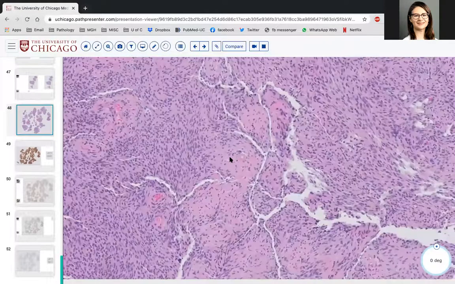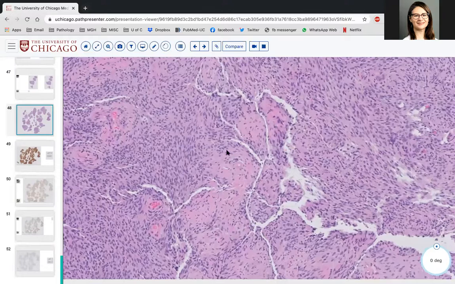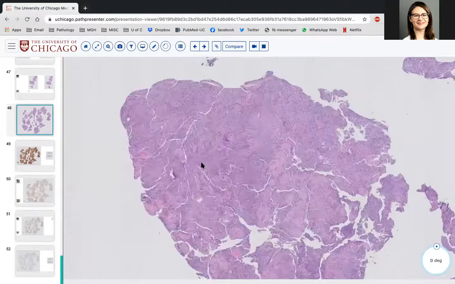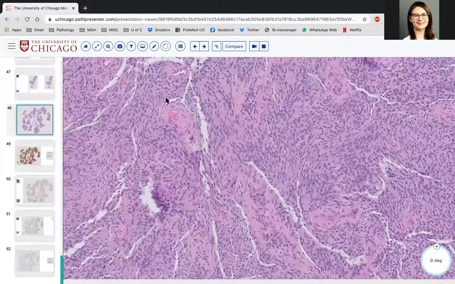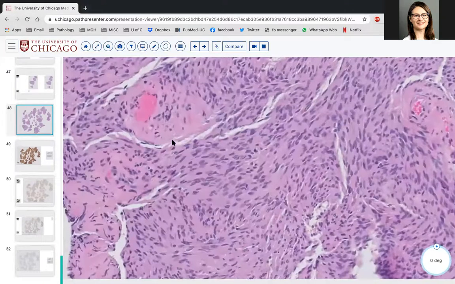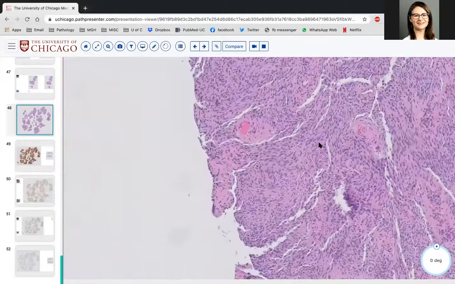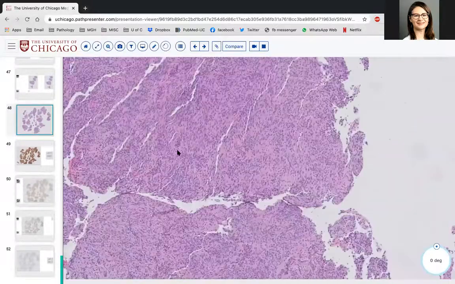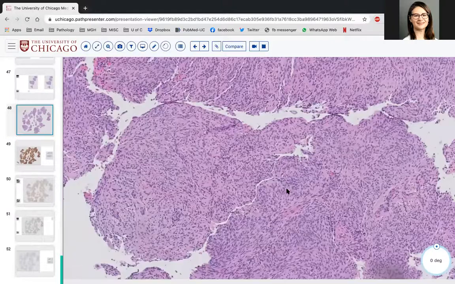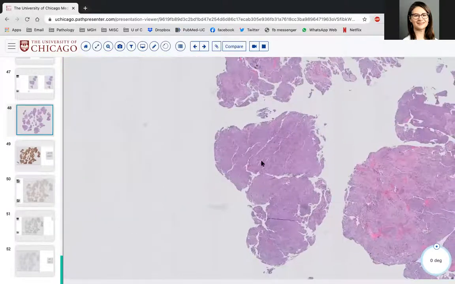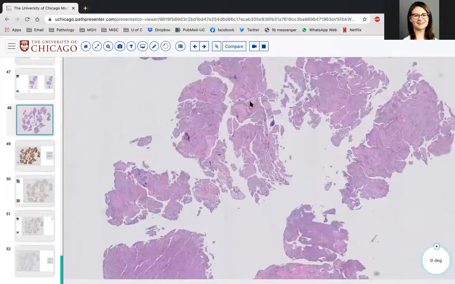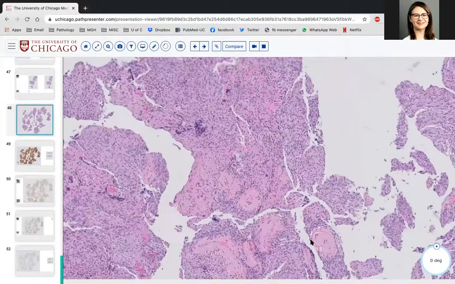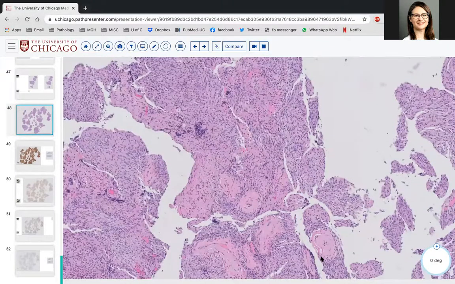Yeah, maybe here. Seems to be maybe a vague hint, a vague suggestion of some accentuated hyalinized eosinophilic material around the vessels with that storiform pattern. So based on the things we talked about earlier, I think you guys are getting what we're getting. Ah, there they are. There's the hyalinized vessels.